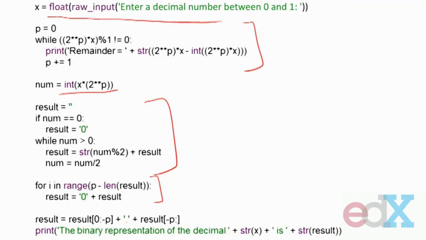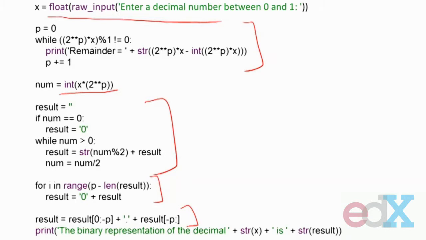And then, having done that, I just need to find the right place to put the decimal point. And there's a funky little piece of code that is basically finding the spot in between p where we want to do it. We'll let you look at the details of it, but that's basically what this code does. Finds the power of p to make it a whole number, does the conversion, and then converts it back.